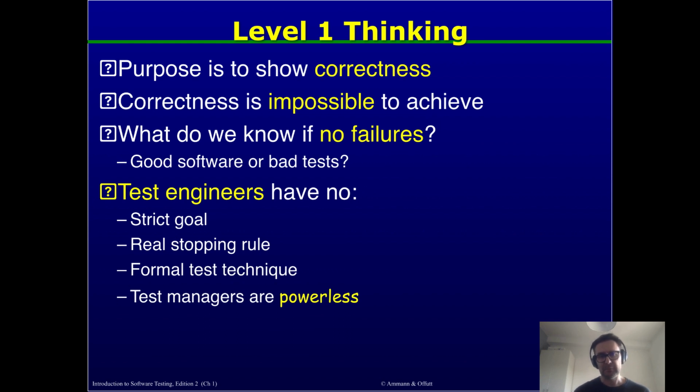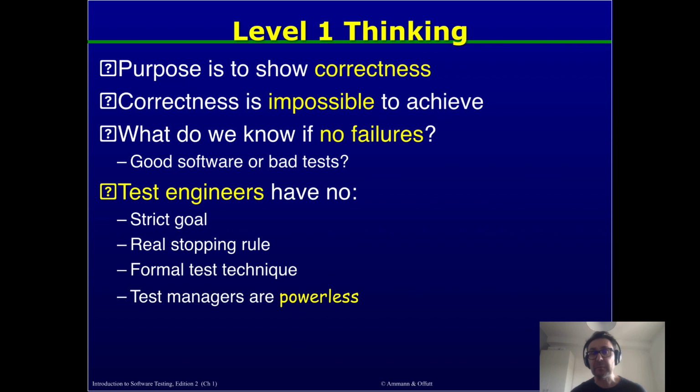On level 1, the purpose is to show correctness, as I said, but this is impossible to achieve. What do we actually know if we run our test cases, we run our different methods of showing software is of high quality, but what does it tell us if we get no failures? Do we know that the software is really good? It can be.